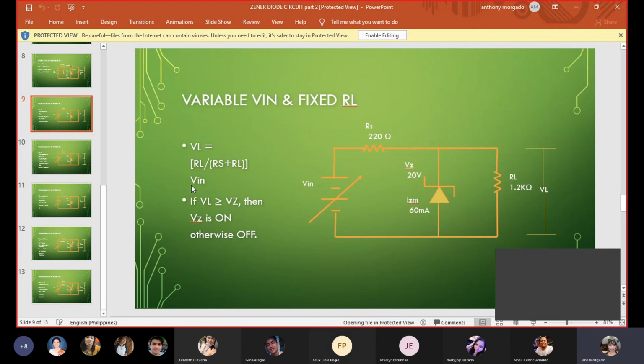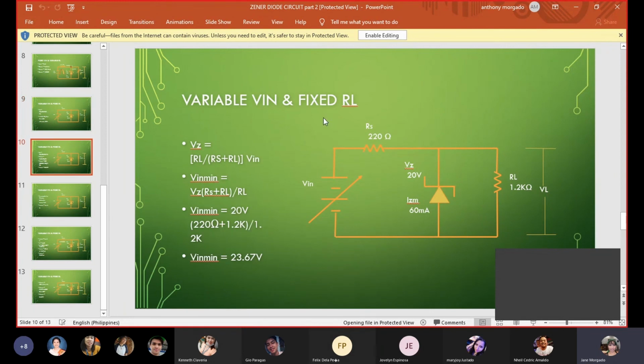We are finding the value of VIN. To turn on VC, VL should be equal to VC. So since VL is equal to VC, VC is equal to RL over RS plus RL times VIN. This is what we find, VIN min.